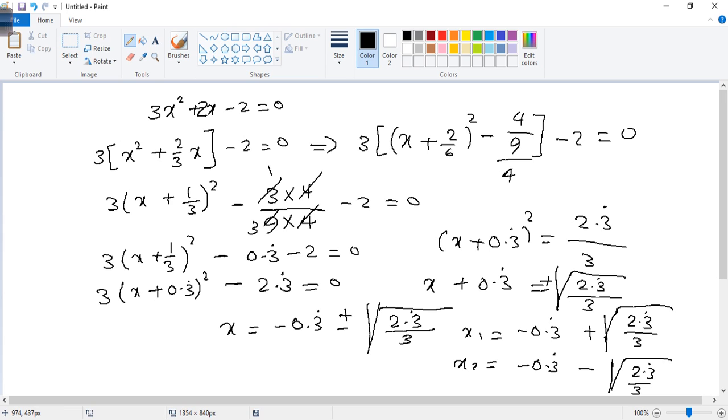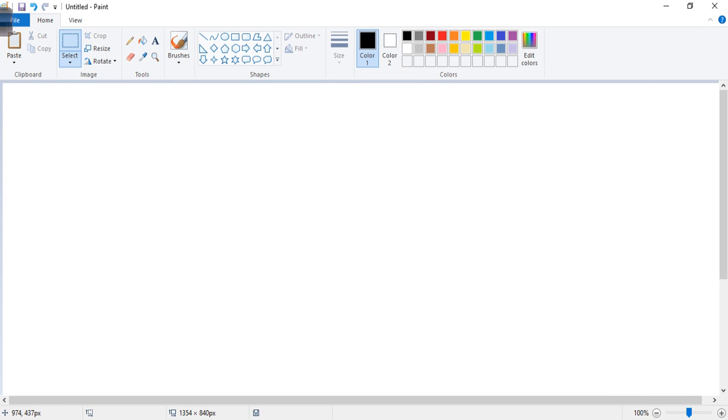Let's have a look at the last bit of quadratic equations: the formula. Everybody knows the formula.